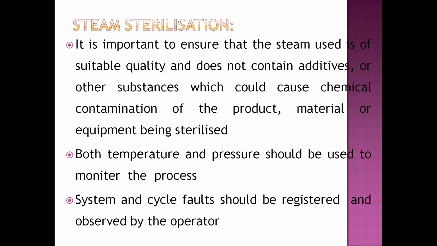So in steam sterilization, how to take care and ensure regarding what steam is used, whether it contains any additives or other things, otherwise it causes chemical contamination in the product.